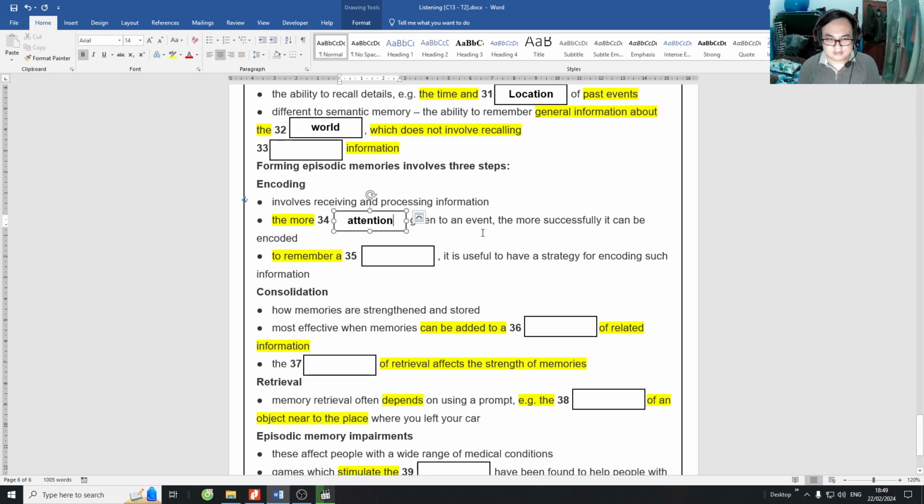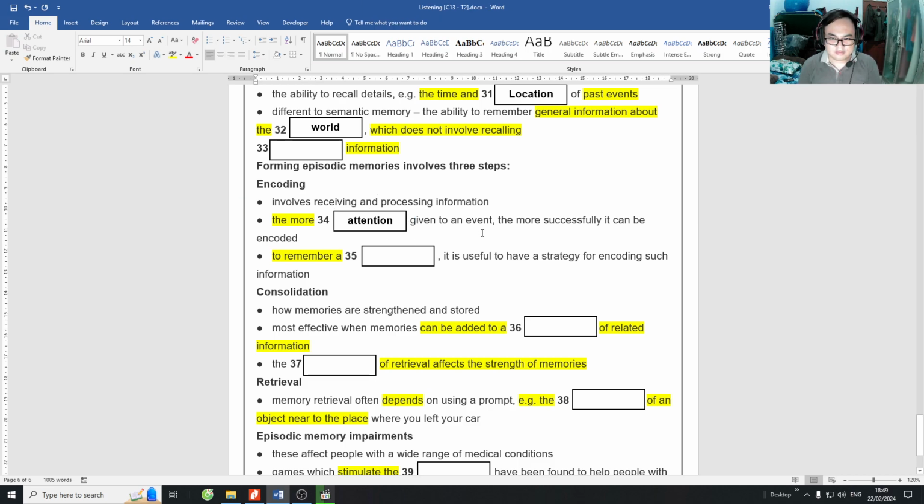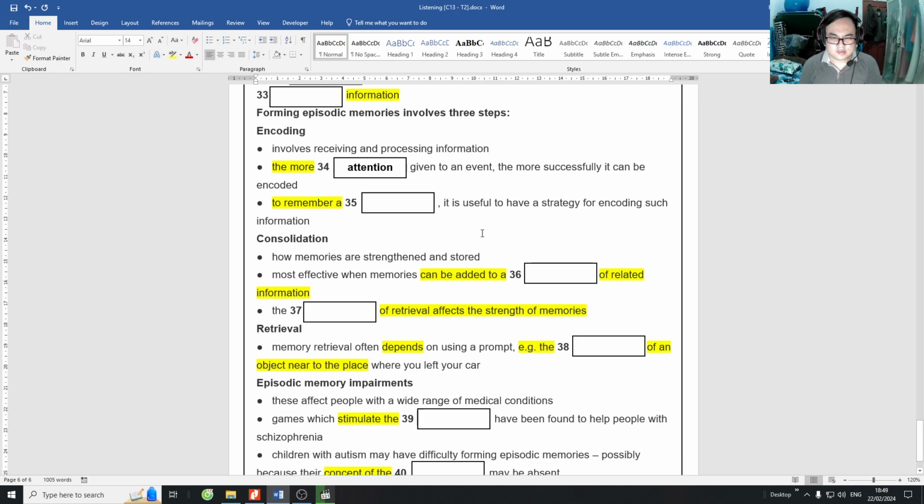Being distracted can make effective encoding very difficult. Encoding of episodic memories is also influenced by how you process the event. For example, if you were introduced to someone called Charlie, you might make the connection that your uncle has the same name. Future recollection of Charlie's name is much easier if you have a strategy to help you encode it.